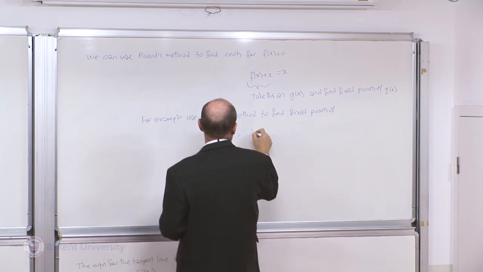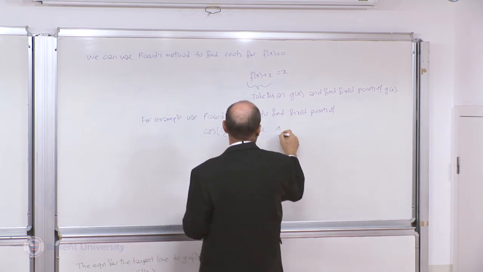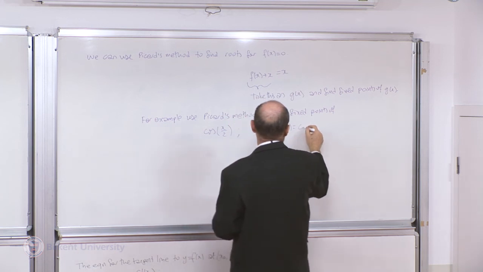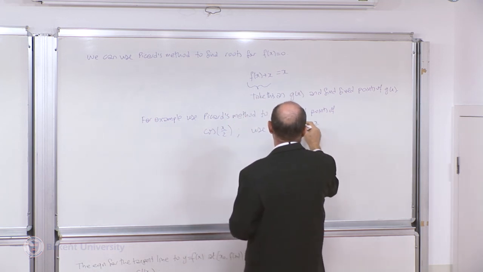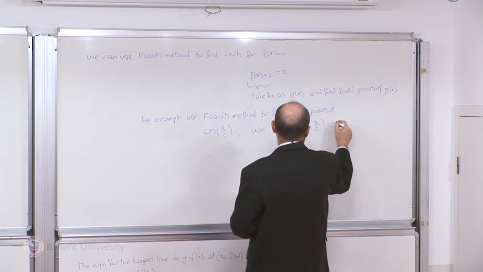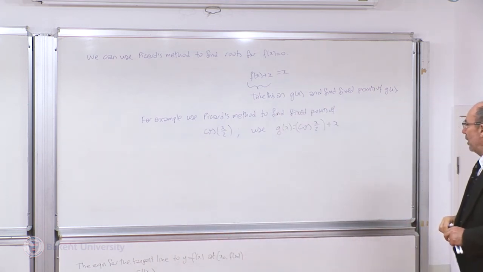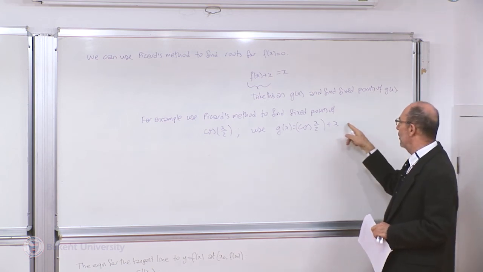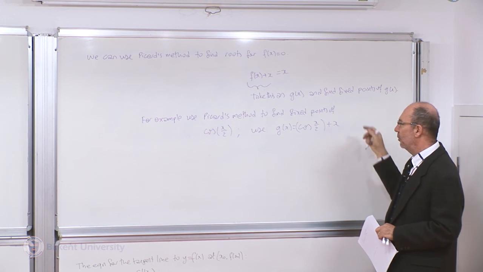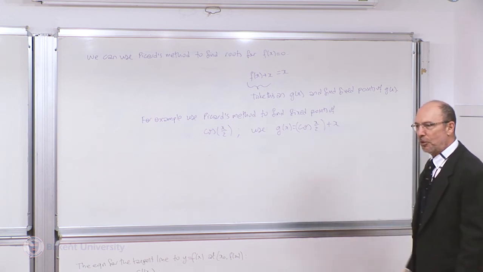Okay? So g of x equals cosine x over 2 plus x. Okay? When x is equal to pi, this will be 0, this will be pi, it will be equal to x. Okay? So fixed points of this.